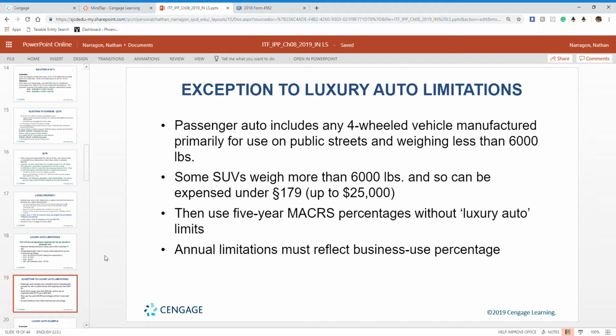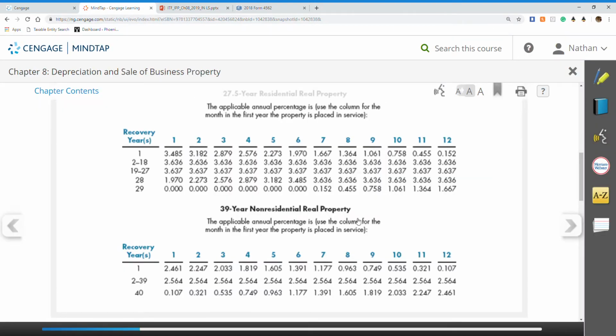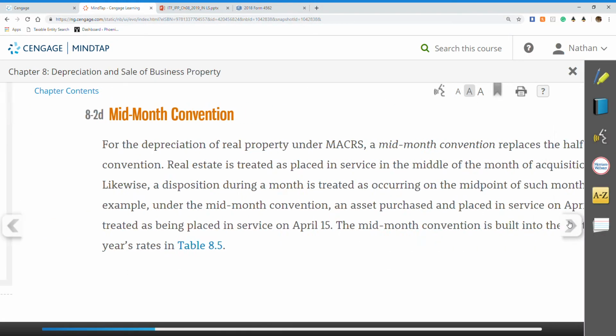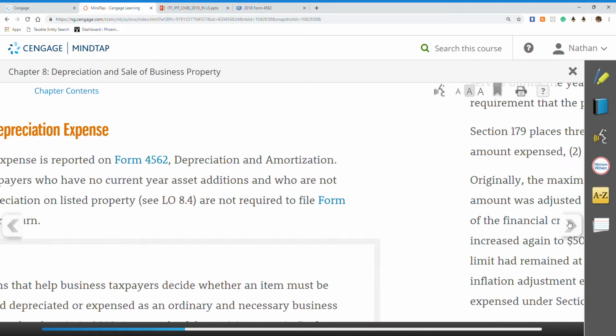Well, we use the 5-year MACRS percentages without luxury auto limits, and annual limitations must reflect business use percentage. Again, we can only use business use. Usually with luxury vehicles, if it's a vehicle being used the whole time, it helps out. But we don't really see much of this, to be honest.